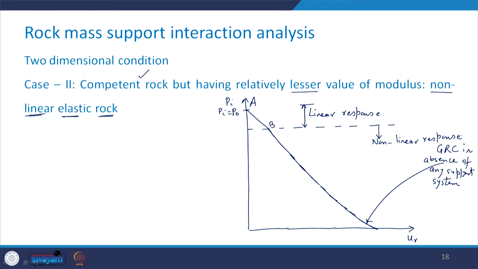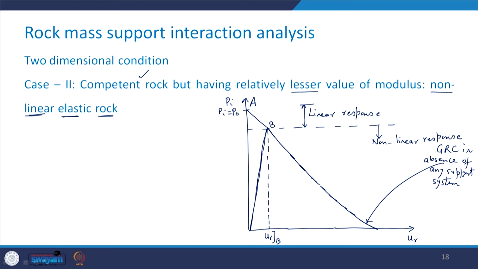Now let us say that we can allow the deformation corresponding to this point B, which is Ur at B. Then the stiffness which is required, as you learnt just now, is going to be something like this. That means you just draw a straight line from this point to B.